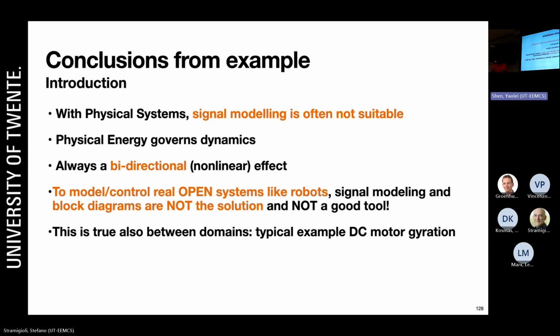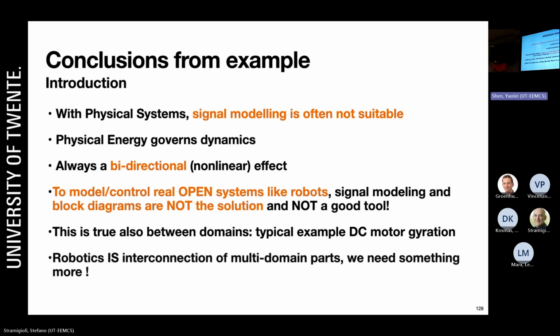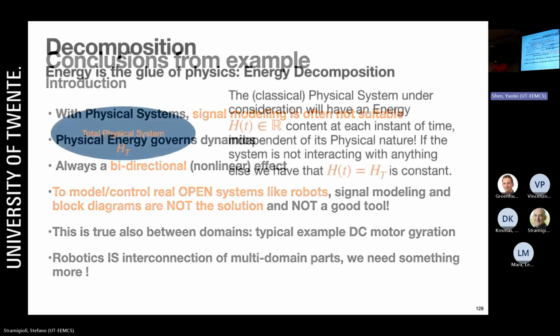It's not the way physics works. We know about sampling and Shannon: there is a limit on the bandwidth you have if you want to interact with physics with a certain finite sampling. So robotics is the interconnection of multi-domain parts, and therefore we need something more, something else.